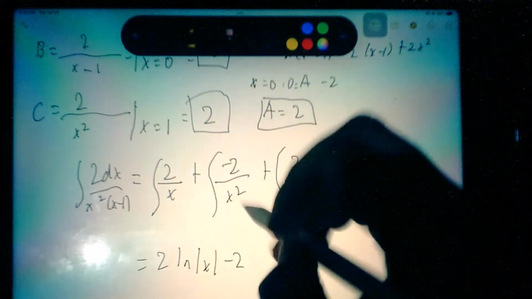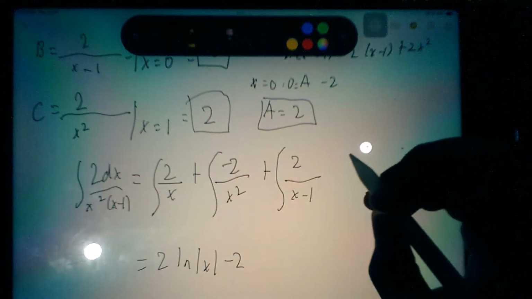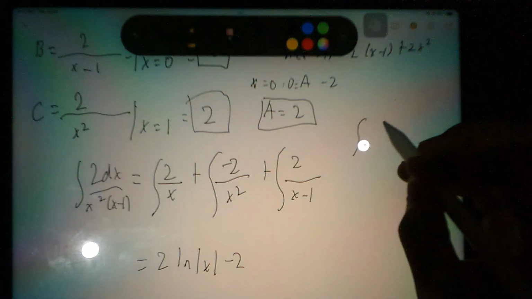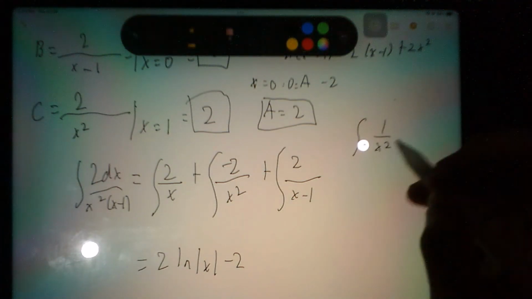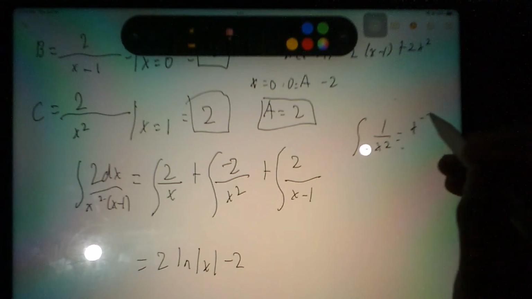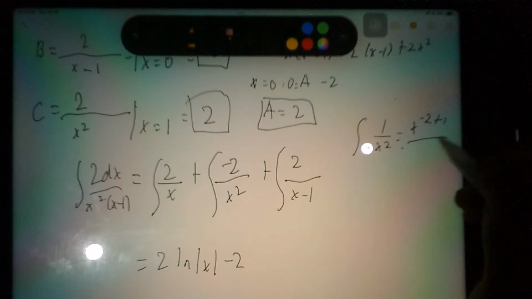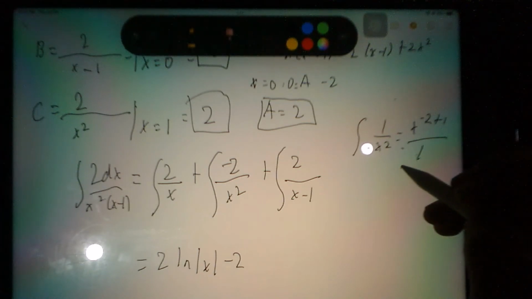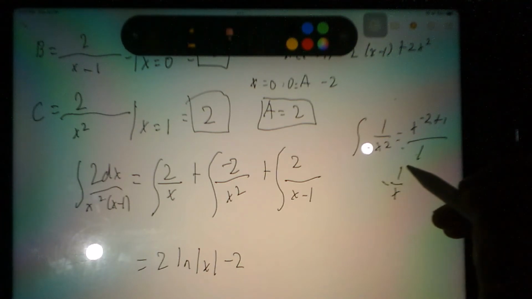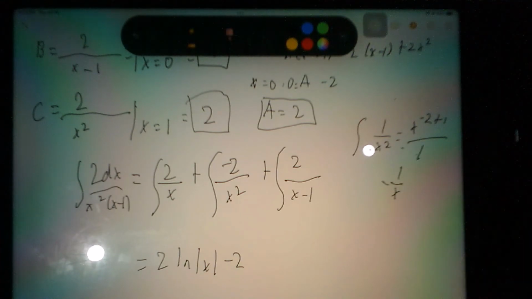So let's integrate first the second value. Integral of 1 over x squared, this will become x raised to negative 2 plus 1. This will become negative 2 plus 1, negative 1. So this will become 1 over x, negative 1 over x. Yes, that's correct.